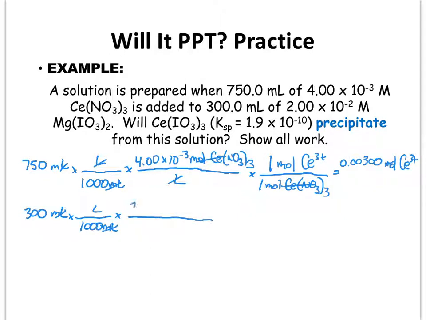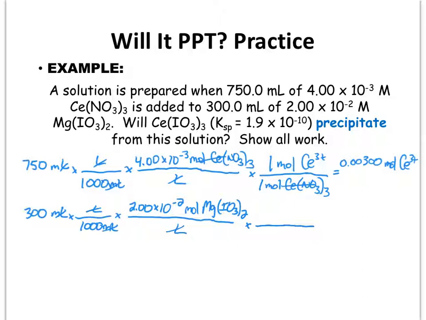And they're telling me there's 2.00 times 10 to the minus 2 moles, but this is the number of moles of the MgIO3, and there's that many moles for 1 liter because it's a concentration. So my liters cancel. I'm now in moles of the compound, but again, I need moles of the IO3- ion because that's what's involved in my precipitate.